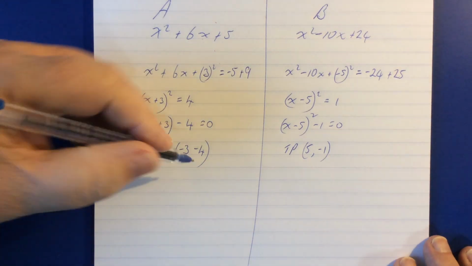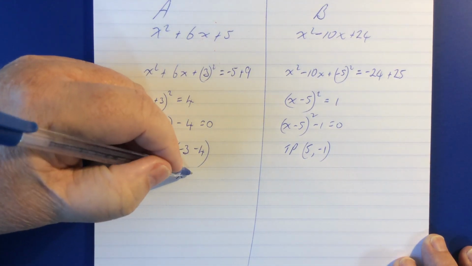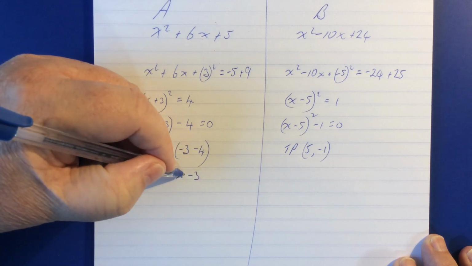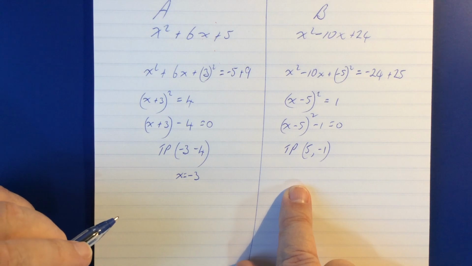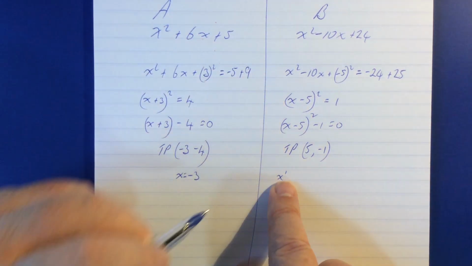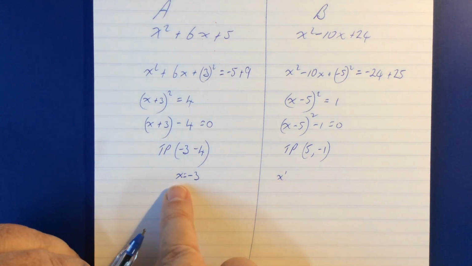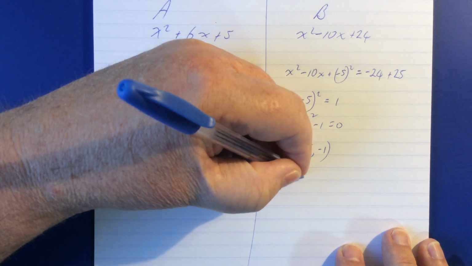Okay, so the x turning point here is negative 3. So x equals negative 3. Here, which we'll just mark like this so we can distinguish these two, it equals 5.